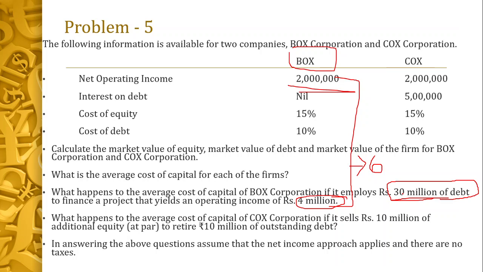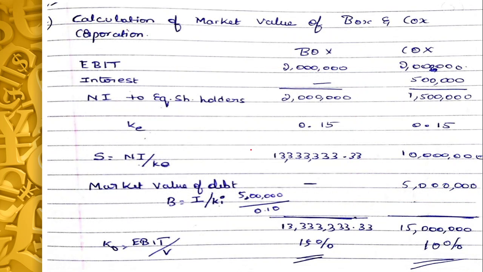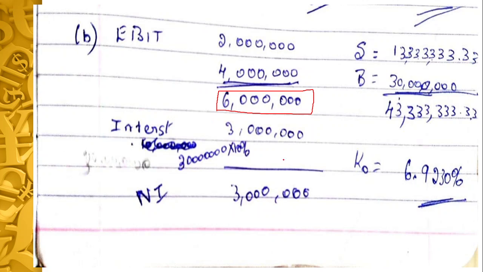Now yet again, they have not mentioned the rate of debt, or even the amount of interest. So we can assume it, and when we assume, we should give a working note. So we are again assuming it to be at a 10% rate. So 30 million into 10% would come to 3 million.